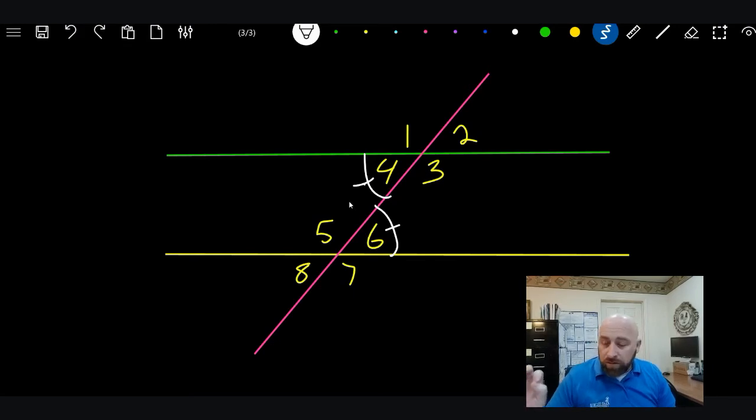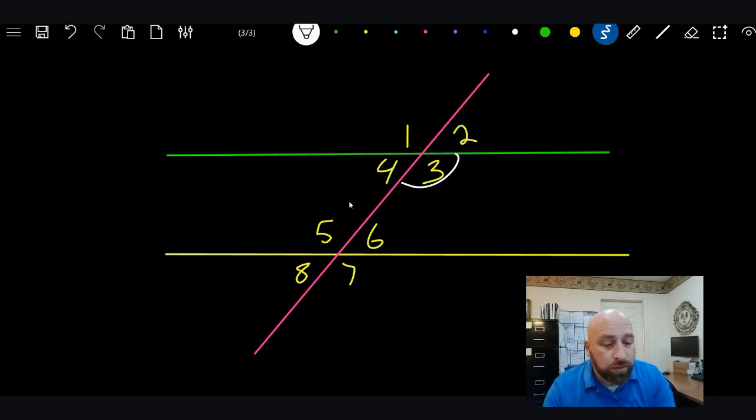Okay, that's what theorem number 7 says. When two straight lines are cut by a transversal, if a pair, any pair, of alternate interior angles are equal, then the two straight lines are parallel. Okay, so if we can prove 4 and 6, we could also prove what other ones? We could also prove 3 is equal to 5.